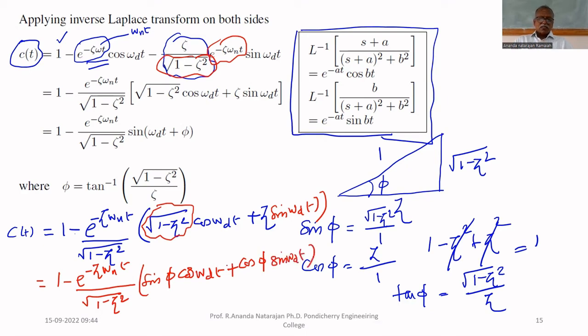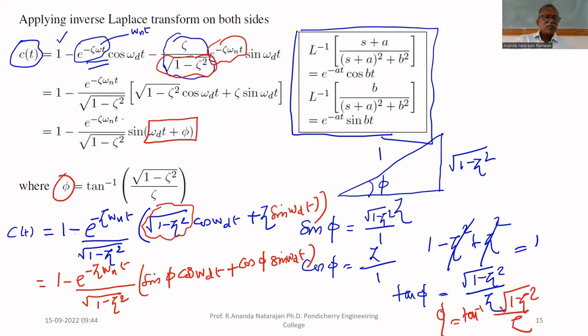That is sin A plus B form, so this can be replaced by sin(omega dt plus phi). Therefore, 1 minus e power minus zeta omega nt upon square root of 1 minus zeta square, sin(omega dt plus phi), where tan phi equals square root of 1 minus zeta square by zeta. Therefore, phi equals tan inverse of square root of 1 minus zeta square upon zeta.